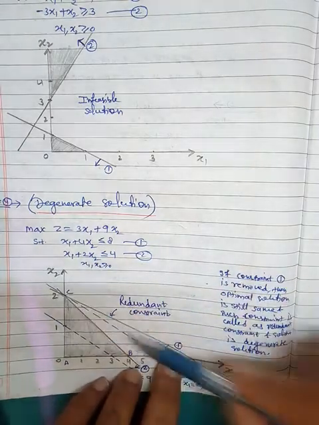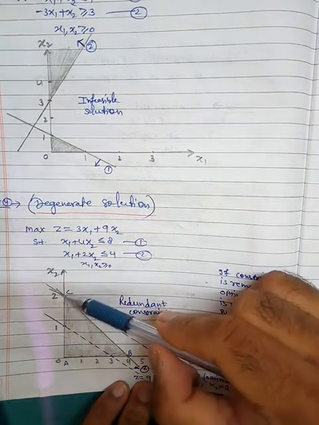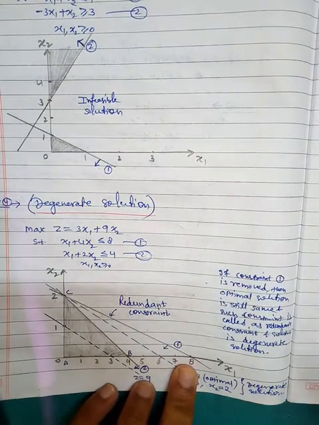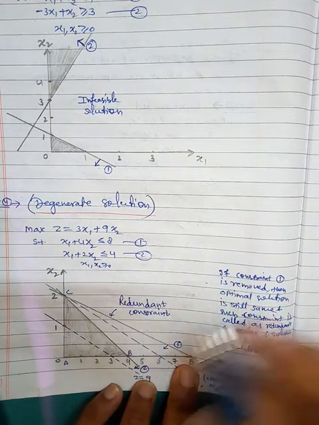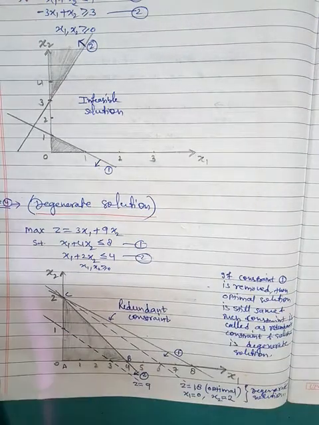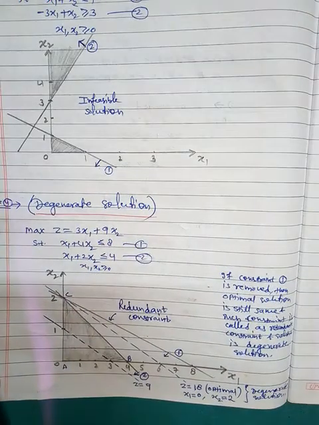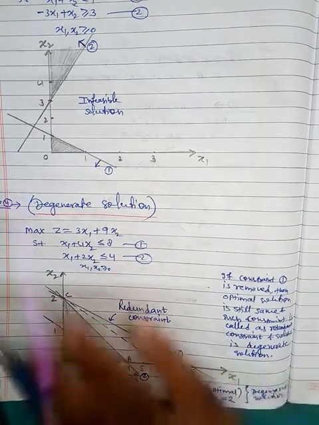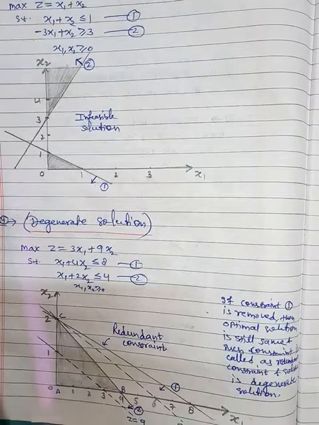When you remove the redundant constraint, there will be no change in the optimum solution. Such a constraint is known as a redundant constraint or parallel constraint. You just remove it, there is no change in the solution, and such a solution is known as a degenerate solution. So this is degeneracy. These are the four special cases.